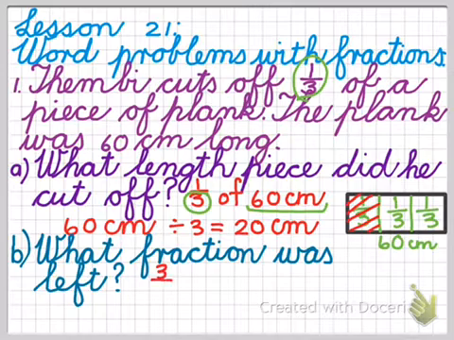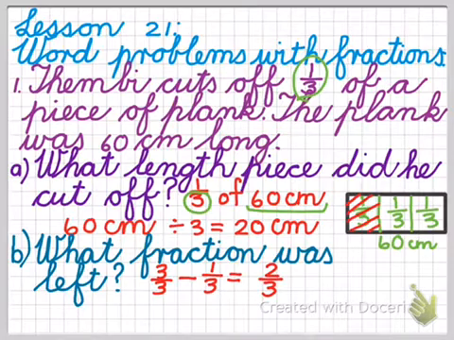That's right, it was 3/3 in the beginning. And then Tembi cut off 1/3 of the plank. So what fraction did that leave of the plank? It left 2/3 of the plank. And so that's all you have to do there.